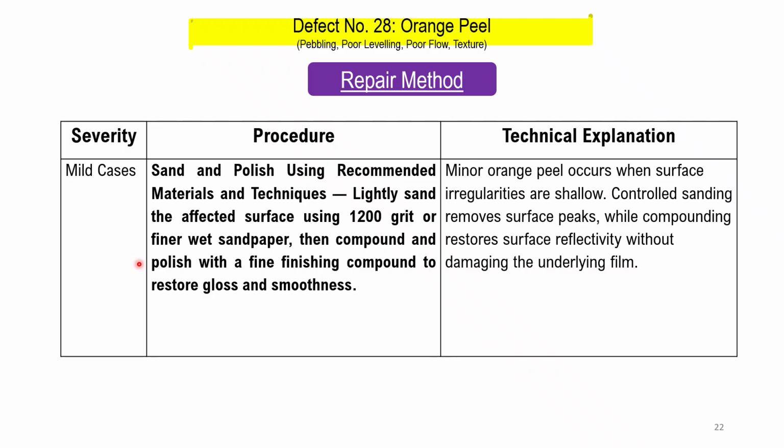Let us consider the technical explanation. Minor orange peel occurs when surface irregularities are shallow. Controlled sanding removes surface peaks, while compounding restores surface reflectivity without damaging the underlying film.